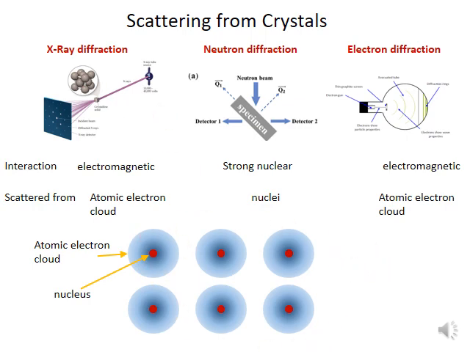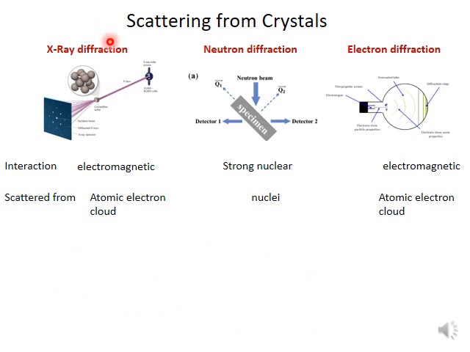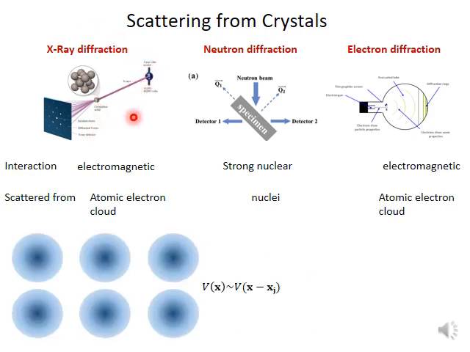And if you are doing an X-ray measurement in which X-rays are incident, an X-ray would see a crystal like this. It would see the electronic cloud predominantly, and an X-ray would interact predominantly with this electronic cloud. So that's how it would see.